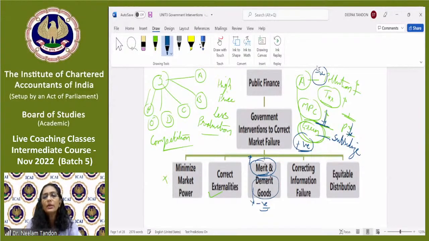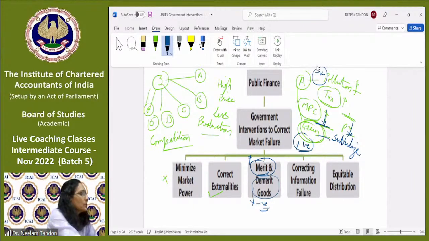This is all about giving them some benefits through budget. When the budget is decided for farmers, you see, Government of India has worked so much for micro, small, and medium enterprises. So it is equitable distribution to bring the unorganized sector back into the mainstream.